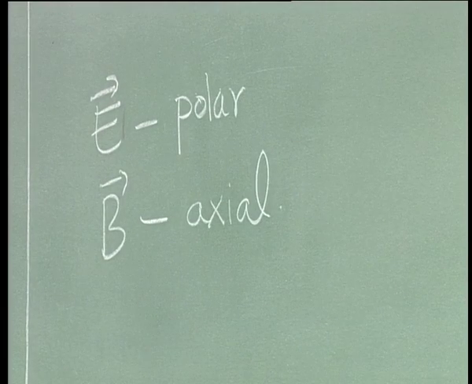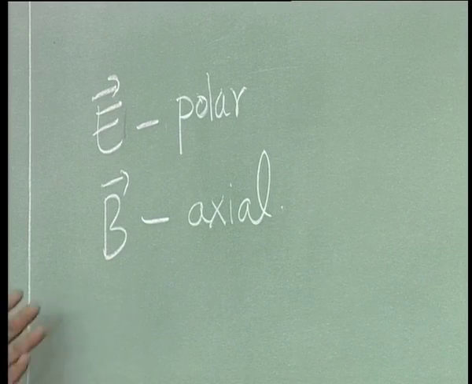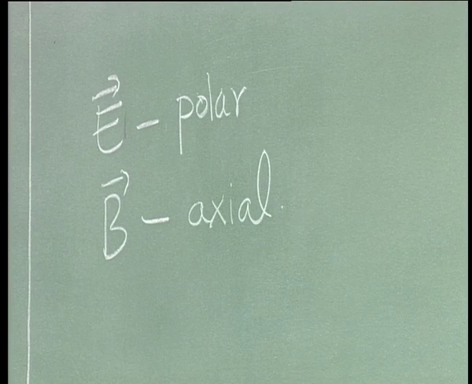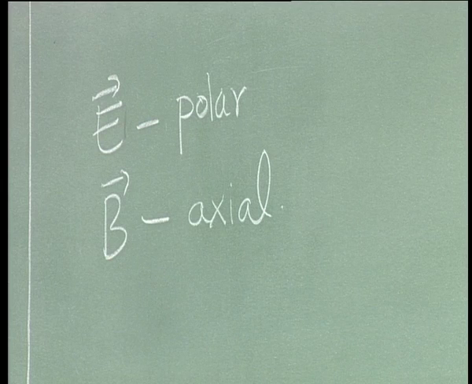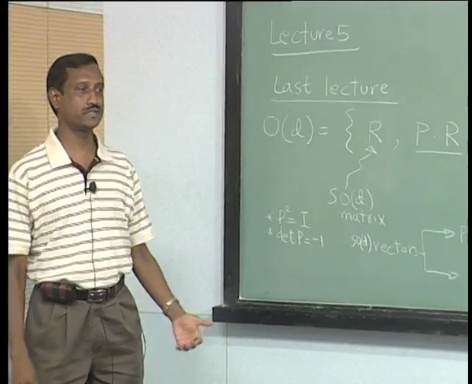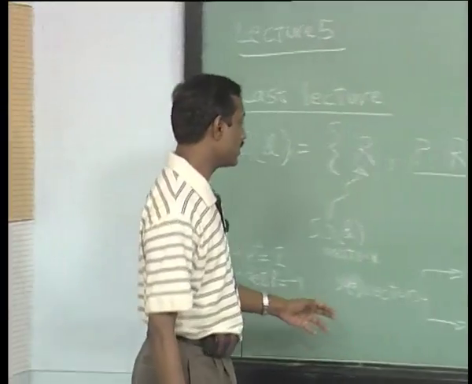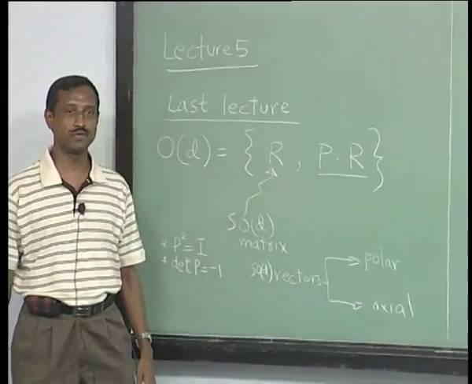This is a consistent assignment. If you write out Maxwell's equations, this is what you would get consistently. Later we will see that when there are 4 vectors, there will be more transformations like P. We could include something like time reversal, how things transform under that.